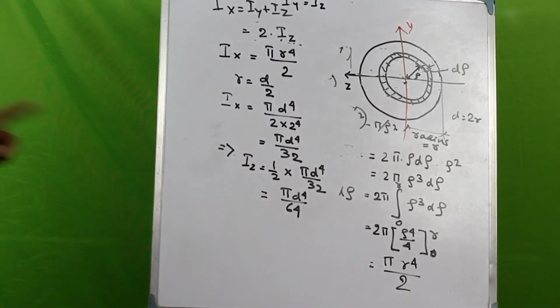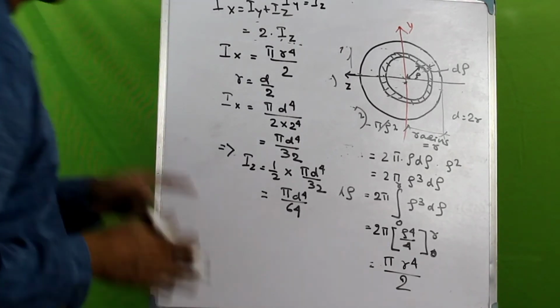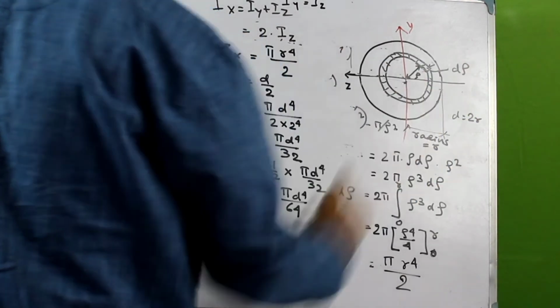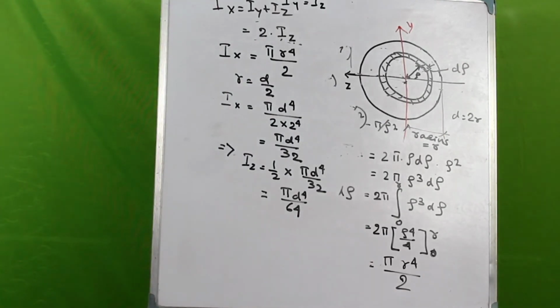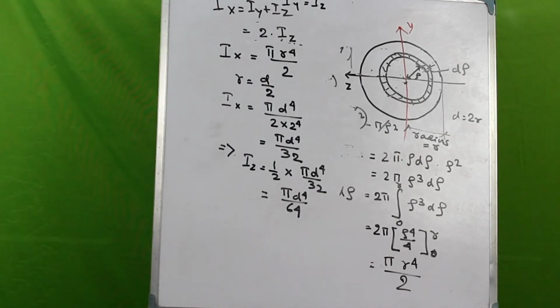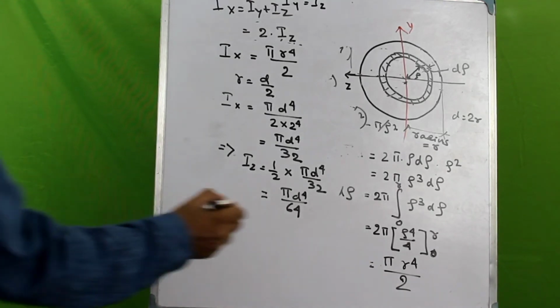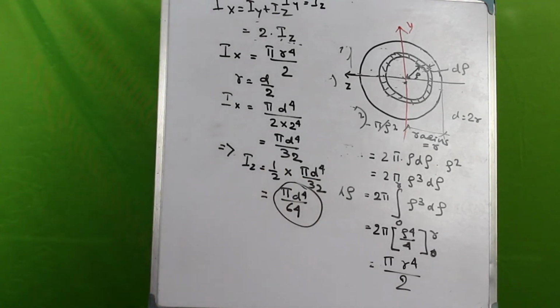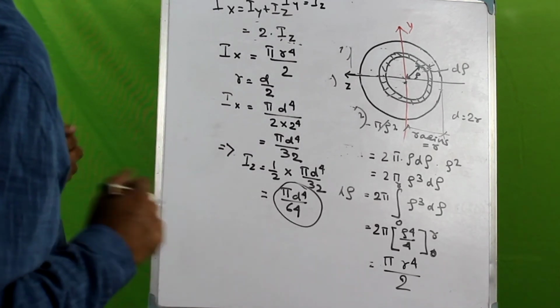So pi d to the power 4 by 64 is the moment of inertia of a circular cross section about its z-axis, which passes through the centroid. Now again, this expression is another standard expression that students need to remember to derive the value of moment of inertia.